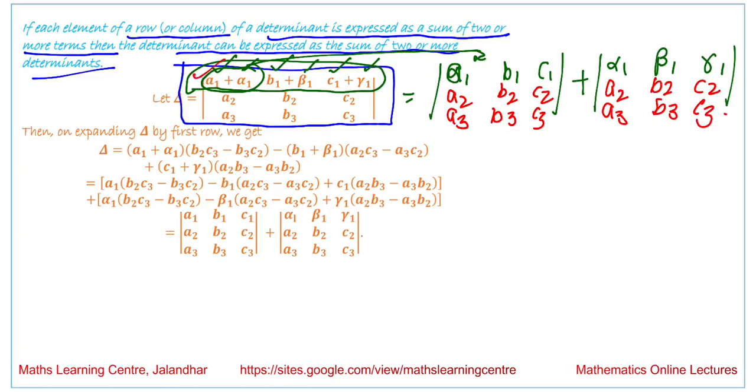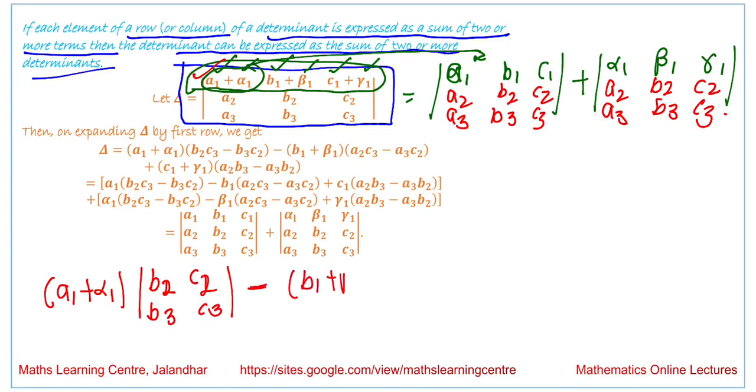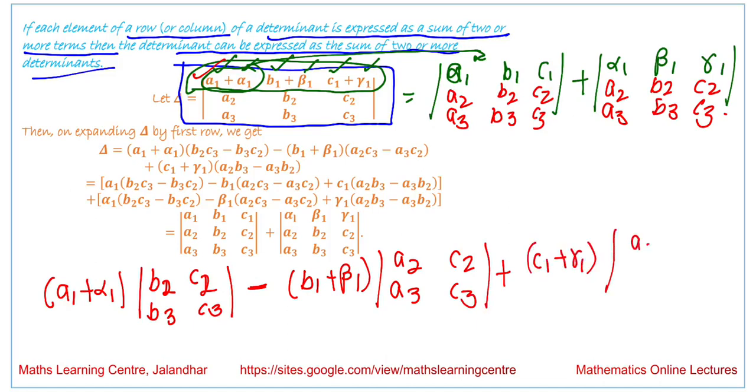If we open the determinant along this row, the answer we obtain is A1 plus alpha 1 into determinant of B2 C2, B3 C3, then minus B1 plus beta 1, determinant of A2 C2, A3 C3, plus C1 plus gamma 1, determinant of A2 B2, A3 B3.